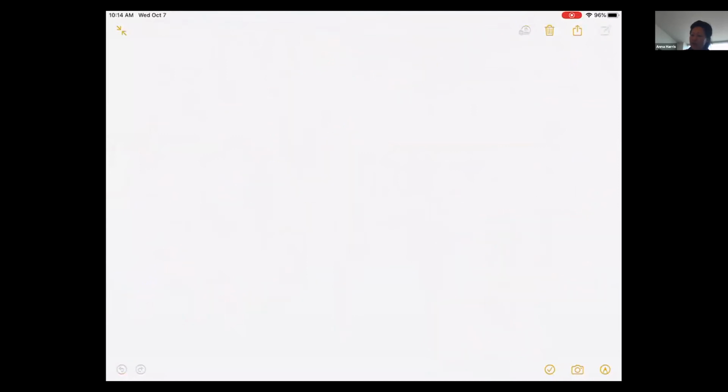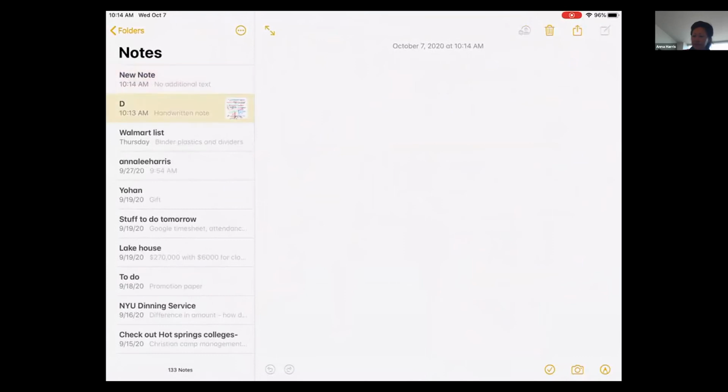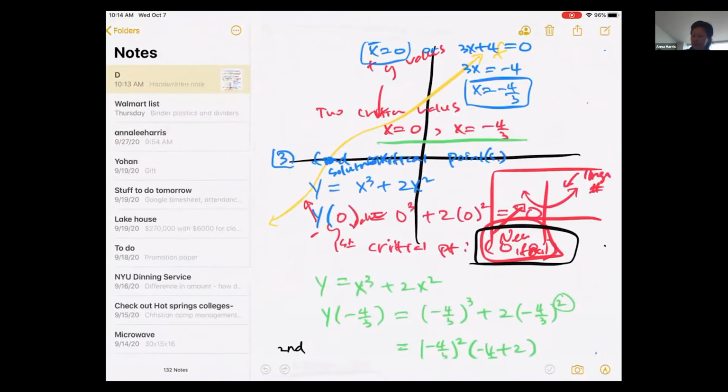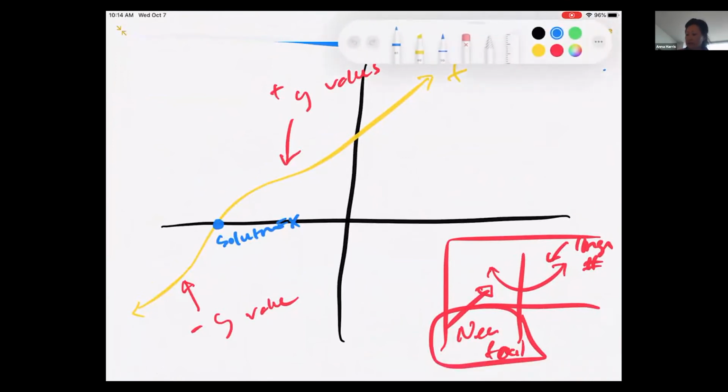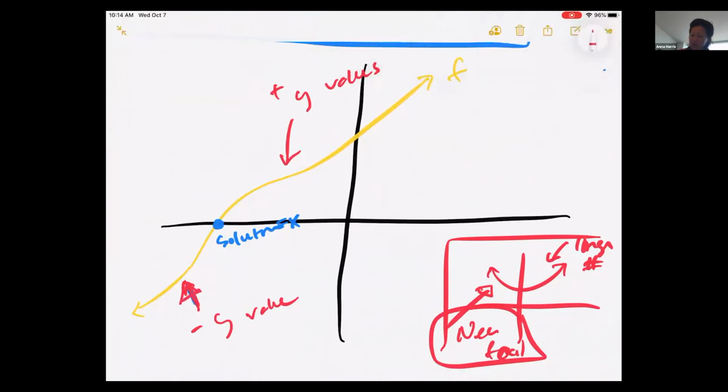As you can see, you have y value differences. Right here is negative values, and this way is positive values. So you have to have that condition met. Newton's method does not work if it looks like this.